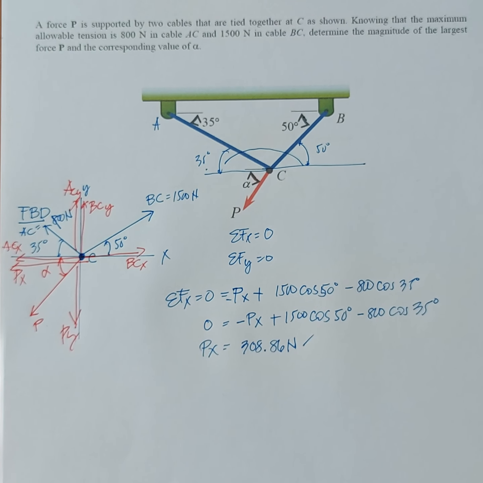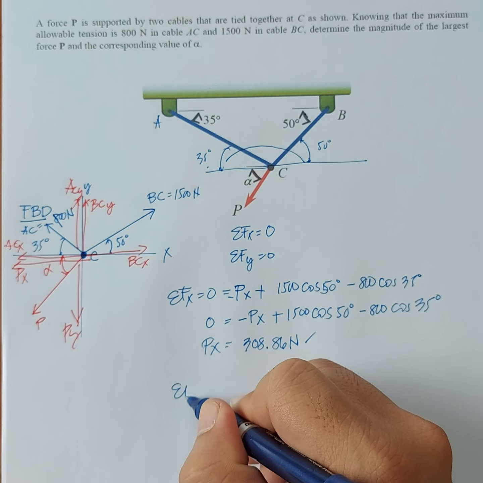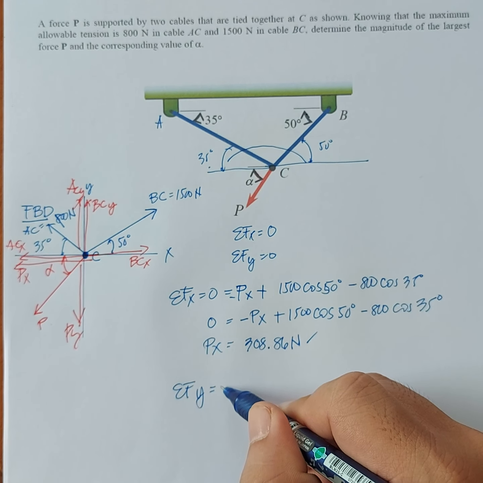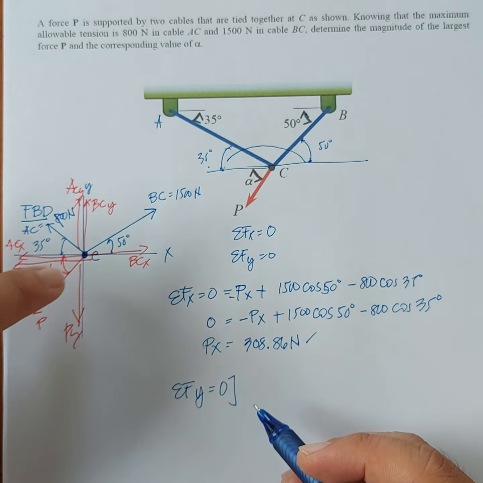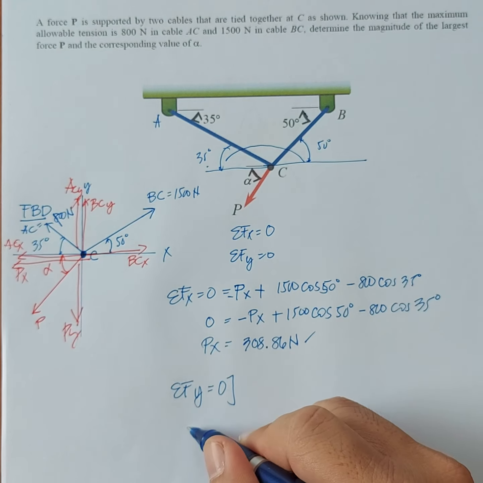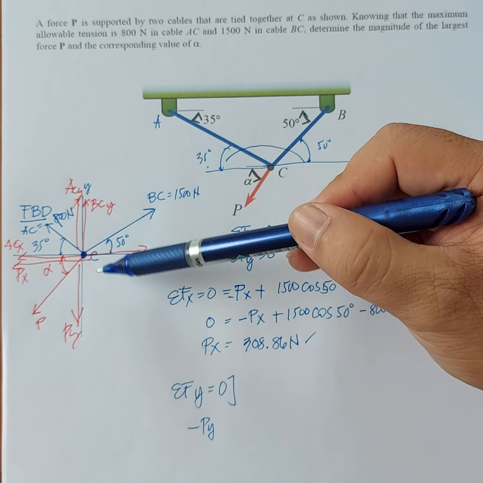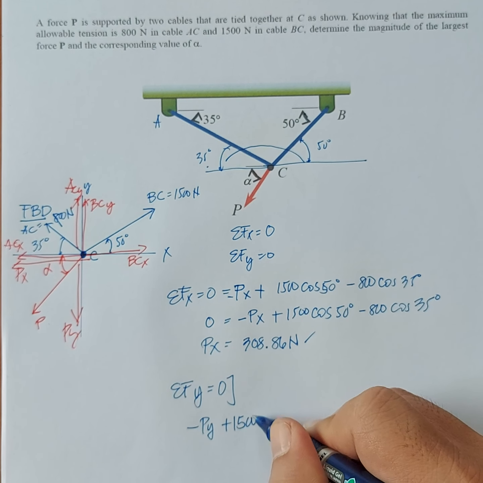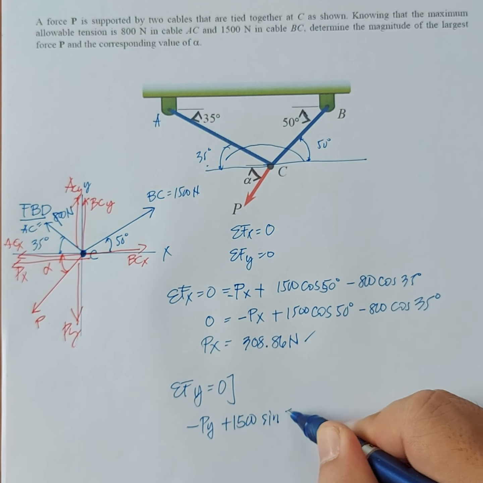Next is we solve for the y component of P. So how do we solve that? We summate forces along the vertical direction, or y-axis, and equate that to 0. Ayan. So let's start with PY, the y component of P directed downwards, so minus PY. And then we have BC upwards, so positive, plus 1,500 sine of 50 degrees.